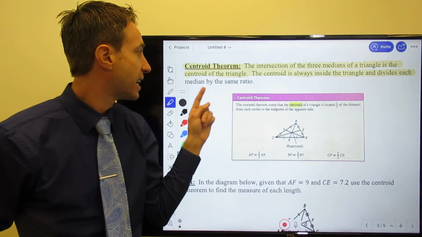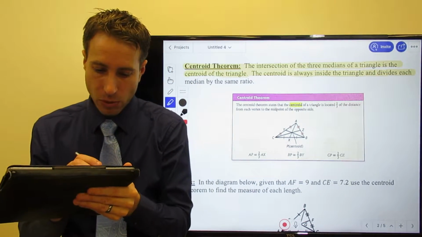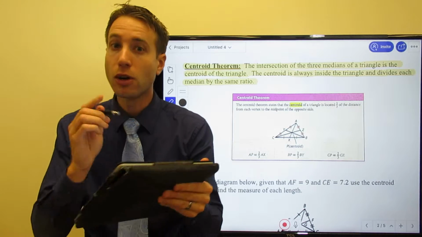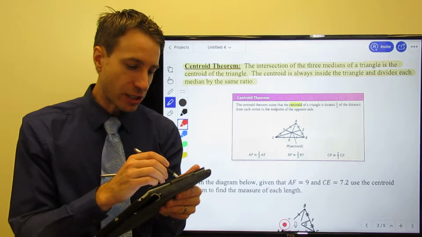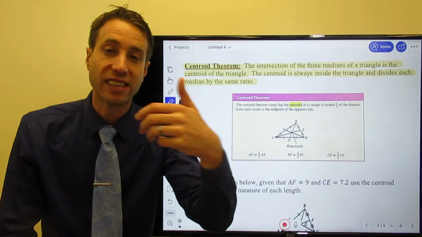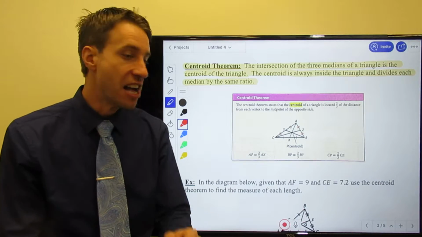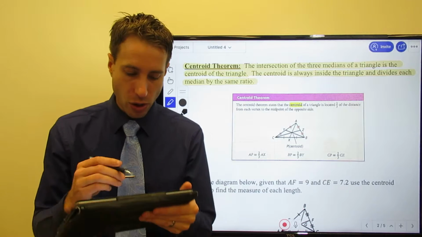It divides each median by the exact same ratio. So what are those ratios? They give you all 3 down here, but we'll just talk about 1 because they're all exactly the same. The distance A to X. Let me draw that in red.